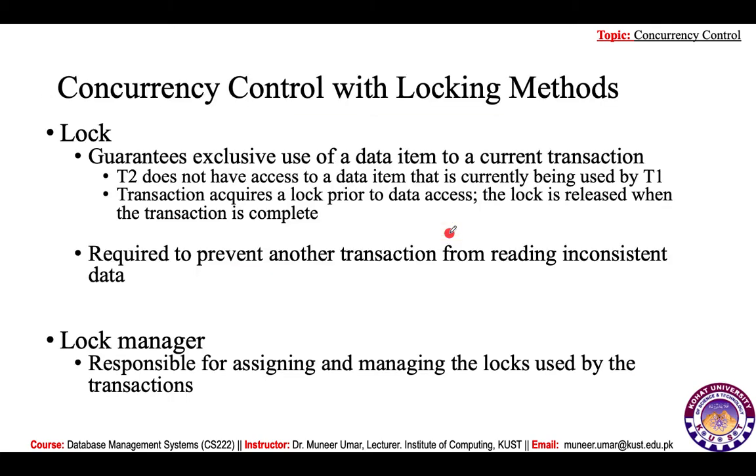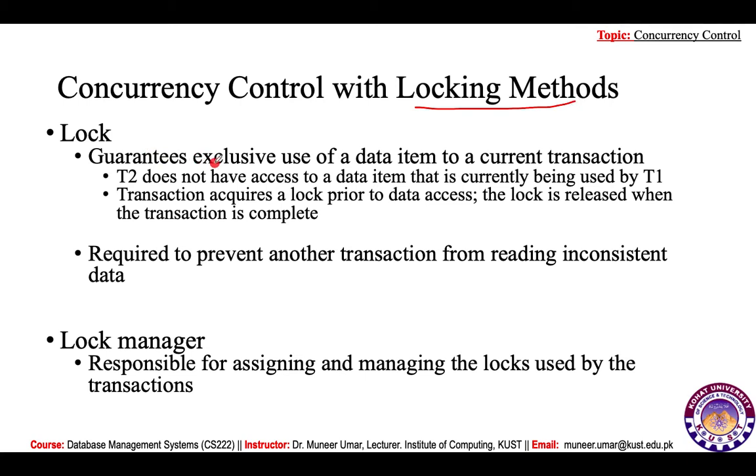Now we are coming towards the algorithm for the concurrency control, that is the locking mechanism. In locking methods, we lock database or database tables or columns inside the database tables, and also we can lock a single field in the database tables.